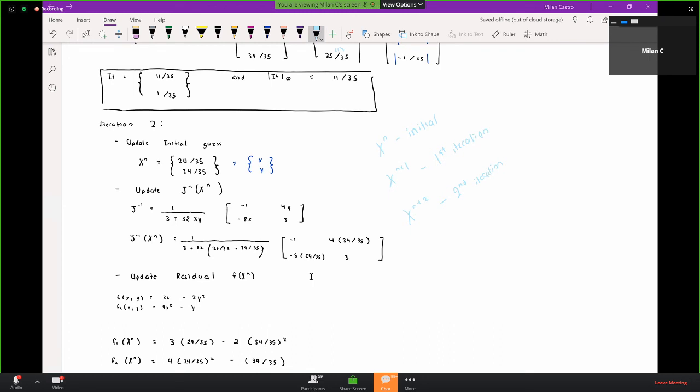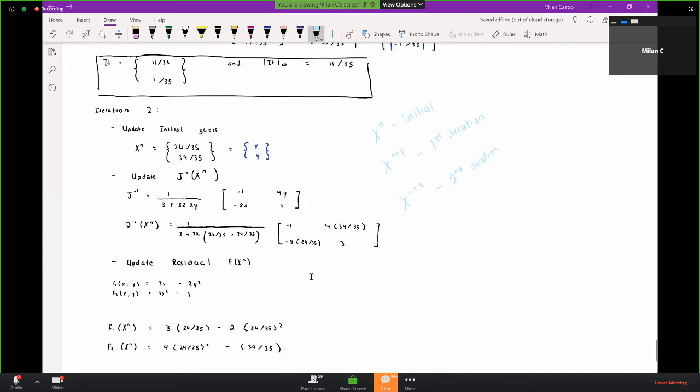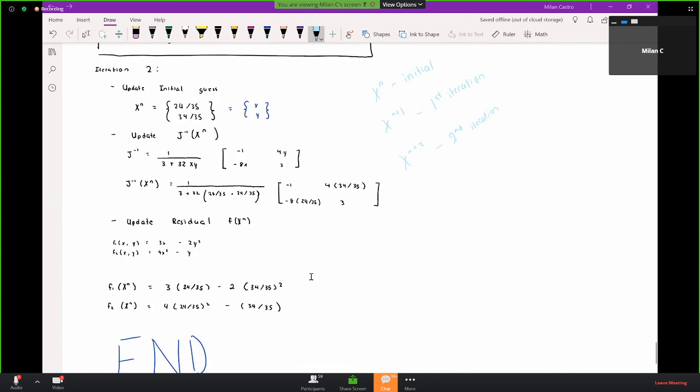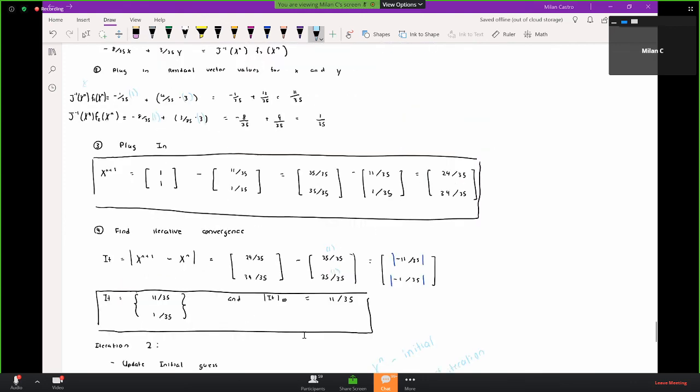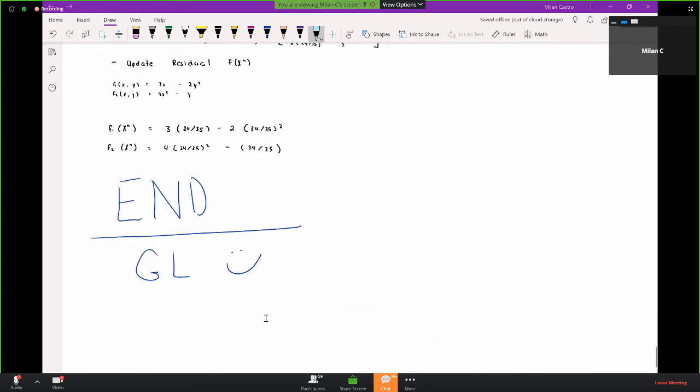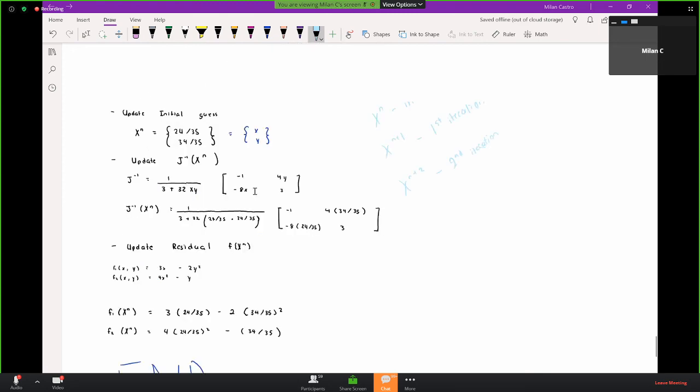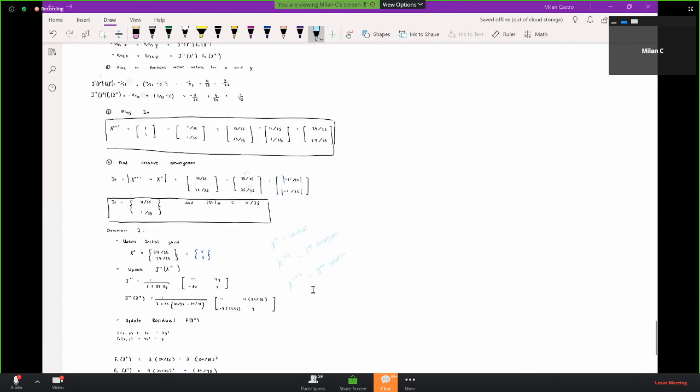Every time you run through this problem, those are the three main things that are going to be changing, and you're going to have to recalculate for each new iteration, or else you will get the problem wrong. Then it's the same simple process, and that's the end of the exam. So it's not too bad, hopefully.